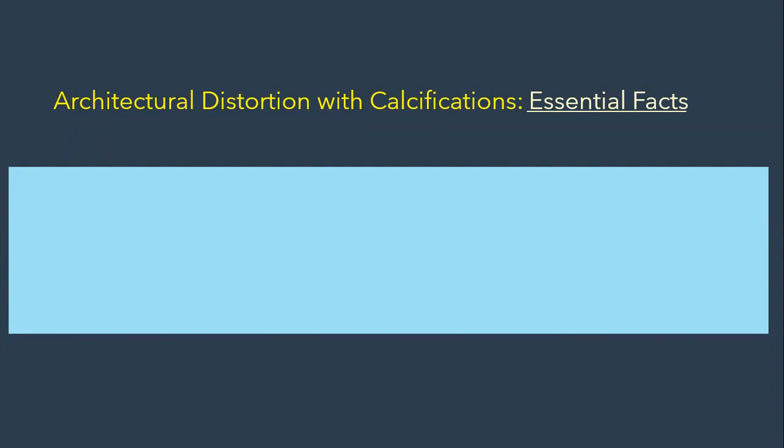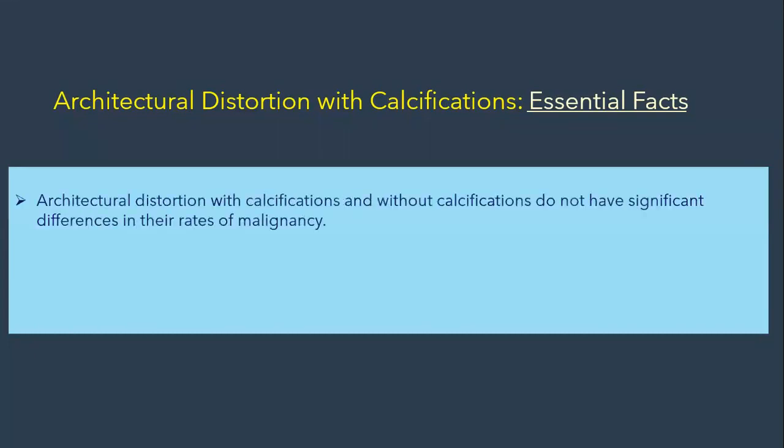So the calcifications are not going to affect the positive predictive value of architectural distortion a lot. The one with and without calcification is more or less the same, with no significant difference in the rate of malignancy. What else?